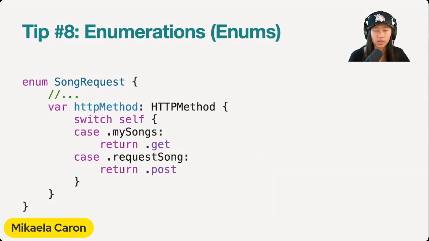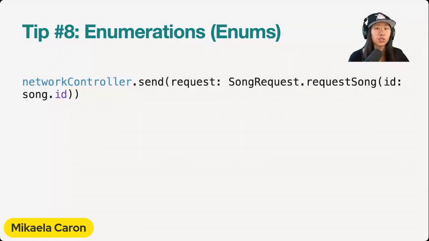Same thing with enums like this, we can make a computed property called httpMethod, and the type is also HTTPMethod, which could be another enum. We can again switch on self, and when we return each different case, we return a .get request or a .post request. Now that we've created this enum with these different computed properties, when we actually use it in our code with some kind of network controller, we make a network controller with a send function that takes in our enum.